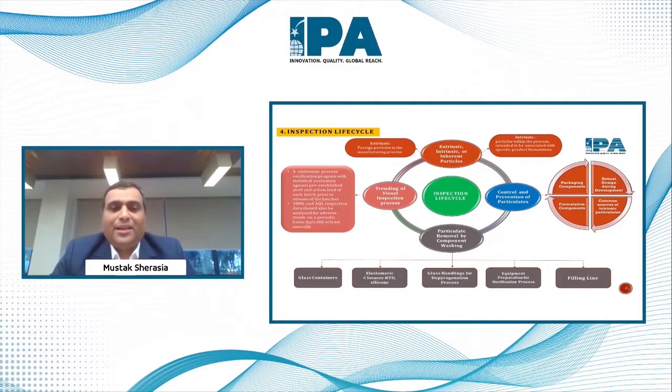Typically the trending is done with respect to different defects and total defects, and it is statistically evaluated with a number of loads, and then pre-established alert and action limits are set to investigate in case you find any higher particulate matter during your routine life cycle approach.